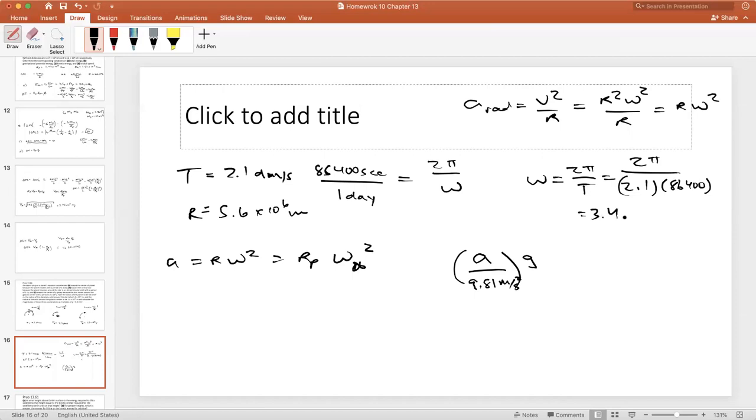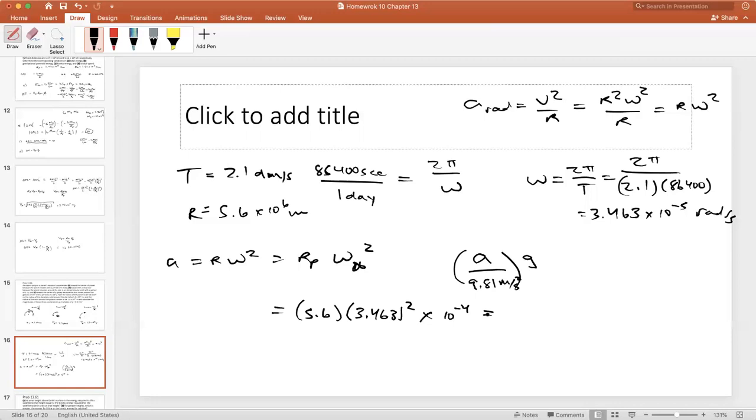and that gives me that omega is 3.463 times 10 to the minus 5 rad per second, okay? And if RP is that, then this becomes 5.6 times 3.463 squared times 10 to the 6 times 10 to the minus 5 times 10 to the minus 5, which is 10 to the minus 4.